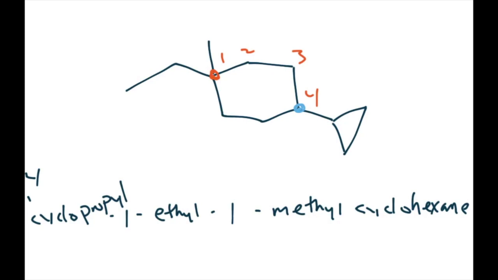I got asked if we could start at the blue carbon, the one with the cyclopropyl, as our numbering, so we would start there with a 1. No, because think about your first number in your name is 1, and then you want to make the next number in your name as small as possible. If you do 1 and then 4, that is greater than having 1 and then 1.